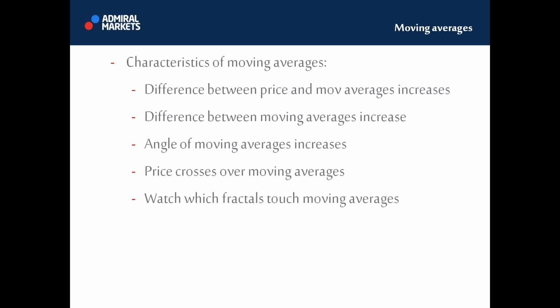Also, the angle of the moving averages, here too, a way or measurement of looking at the trend. And price crossing over moving averages is important as well. And last but not least, watching which fractals actually touch the moving averages. And I'll dive into that a bit more, because that, I think, is a very interesting thing that I want to share with you. Basically, these are just things you can look at.